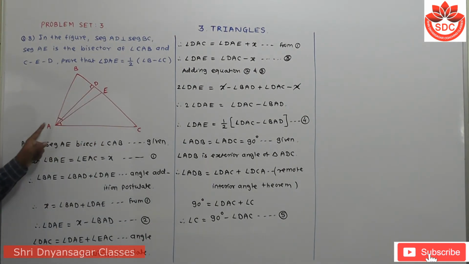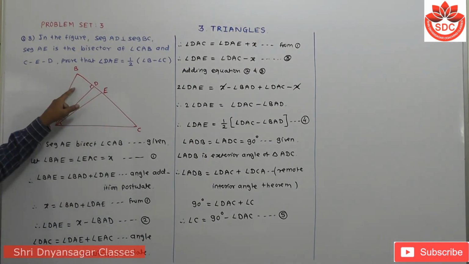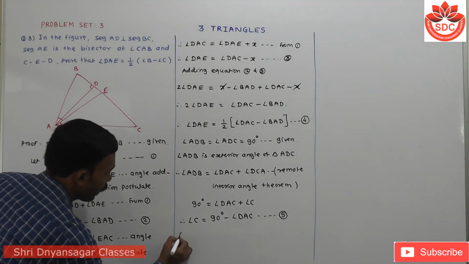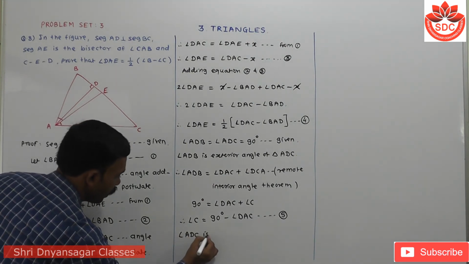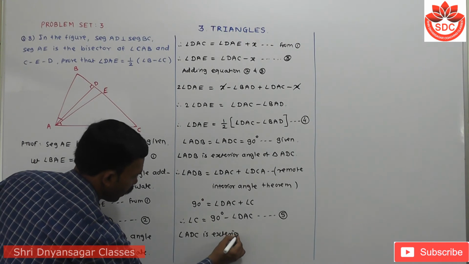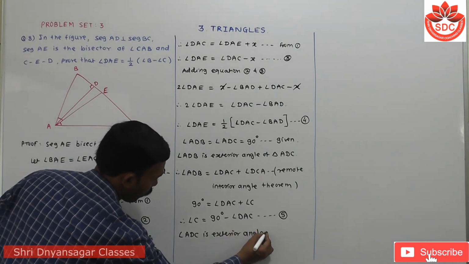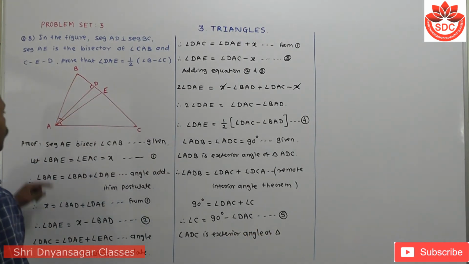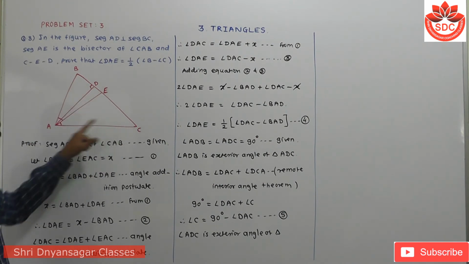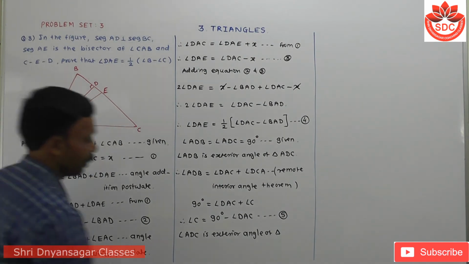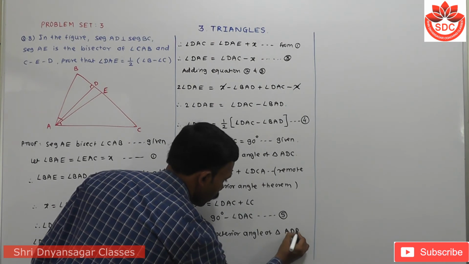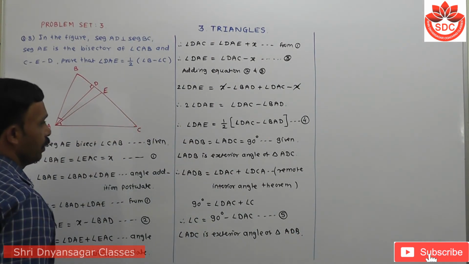Then student, angle ADC is also exterior angle of this triangle. So I write here angle ADC is exterior angle of triangle ADB.